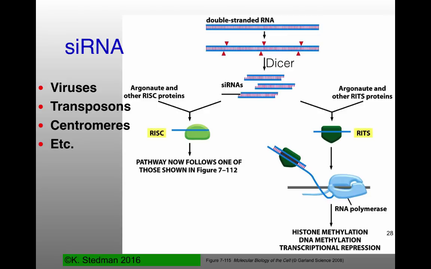Or in the case of these endogenous sequences, usually the transposons, that RNA is used in transcriptional silencing, and that transcriptional silencing is through DNA methylation, histone methylation, the whole silencing process which we just talked about.